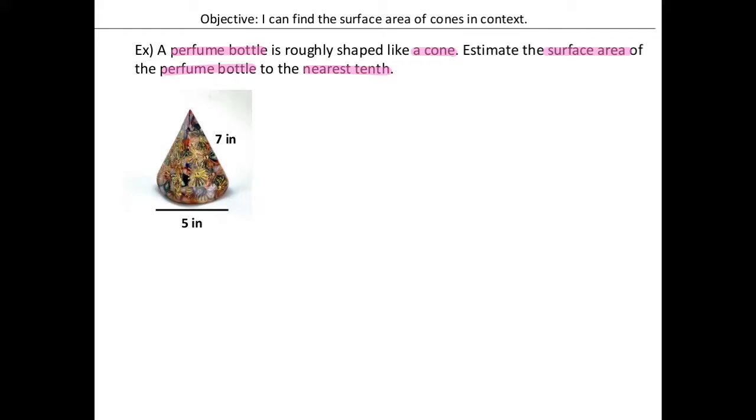Because I have a circle for my base, if we draw the net, it's going to give us a circle for the base at the bottom, and then my sides are going to be the sector. For my sector, it's going to look like this, with a round edge at the bottom. Kind of looks like a fan.